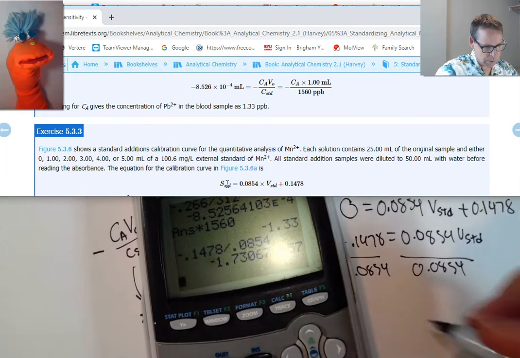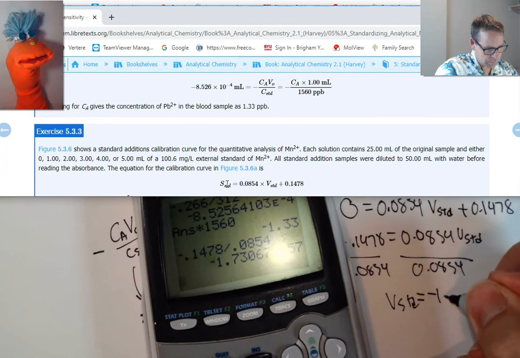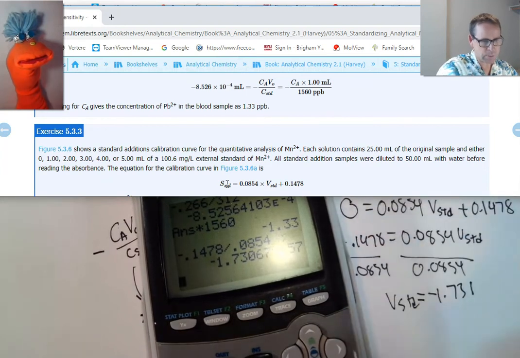All right, so we got a value of negative 1.731.